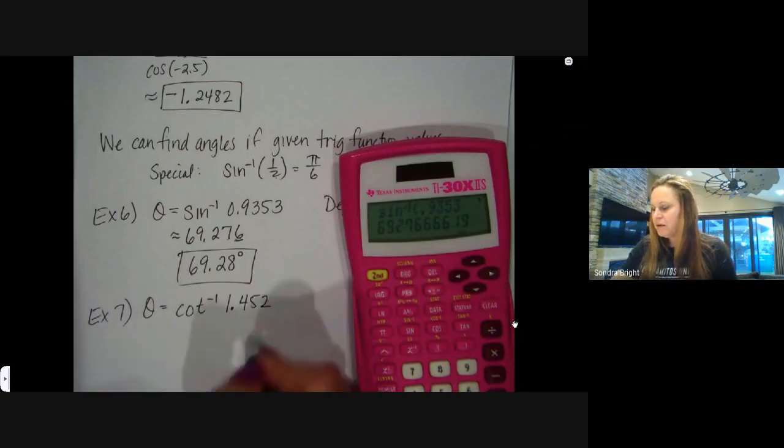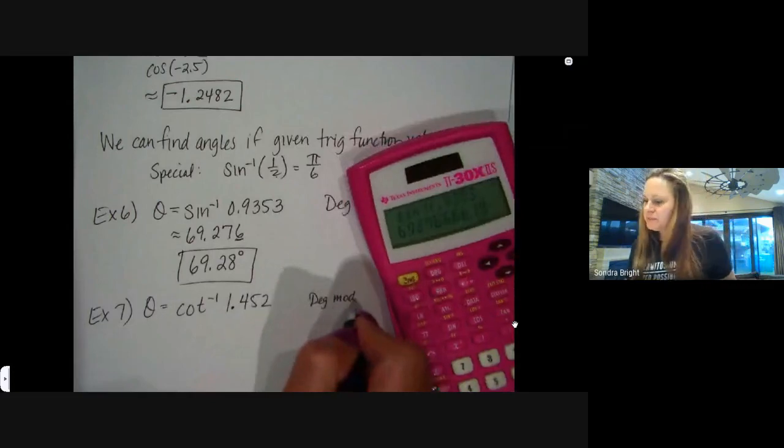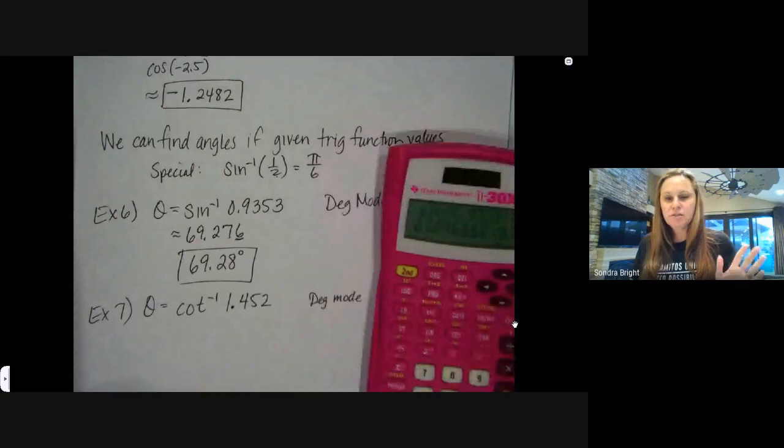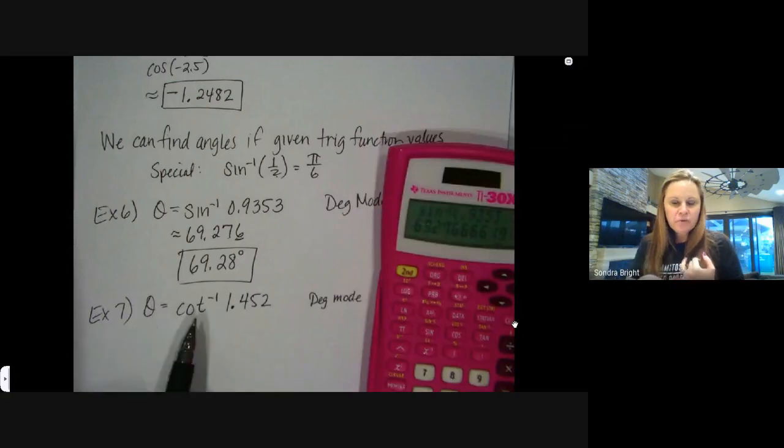Next year when you go to pre-calc, we don't do that. But for this book, theta, the author says is degrees. So degree mode. And theta equals inverse cotangent of this guy. So I know I don't have an inverse cotangent button on my calculator. I need to use tangent. But you got to be careful.